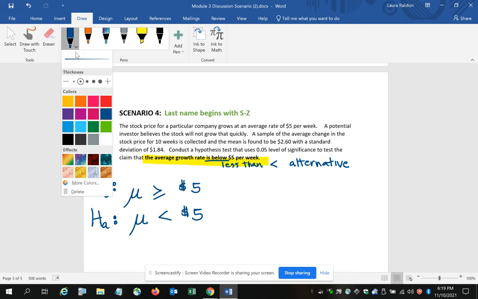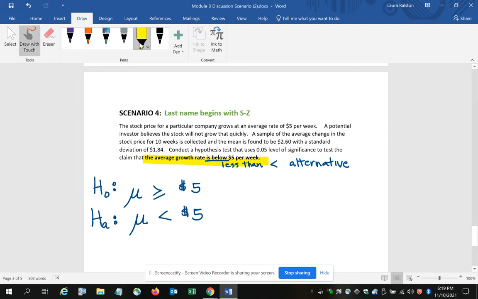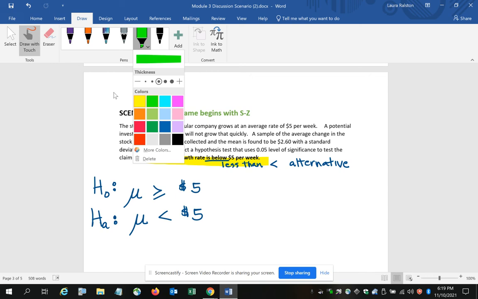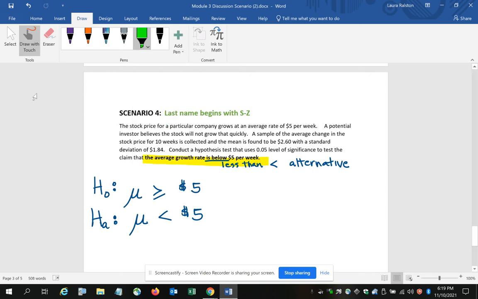We then have to decide what type of test we're going to conduct. So if I scan back through my problem, it gives me a standard deviation. It doesn't specify whether it is the population or the sample. But if you look at the context, the sentence that it's in, it says a sample. So that implies that this refers to the sample.